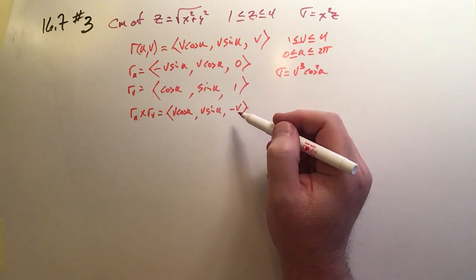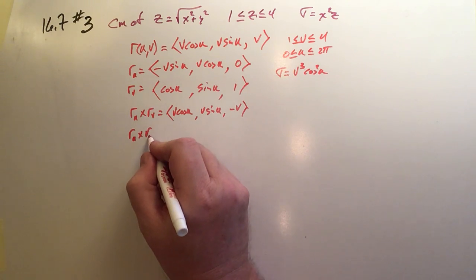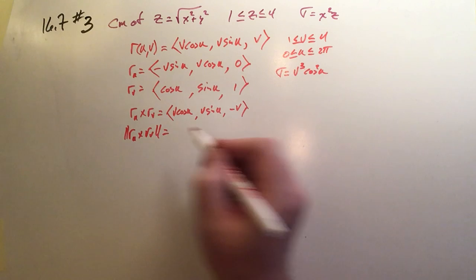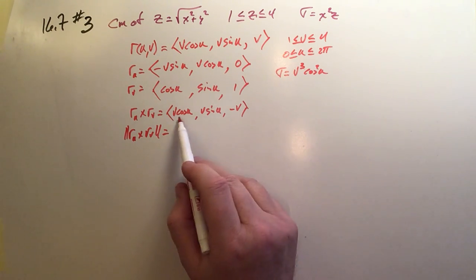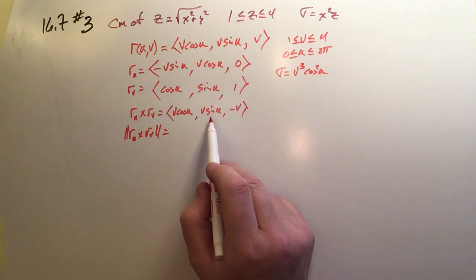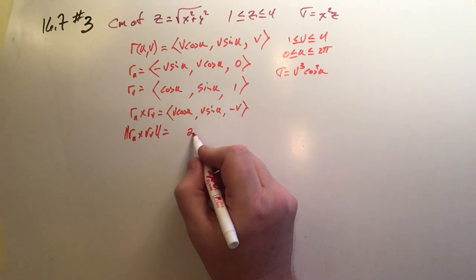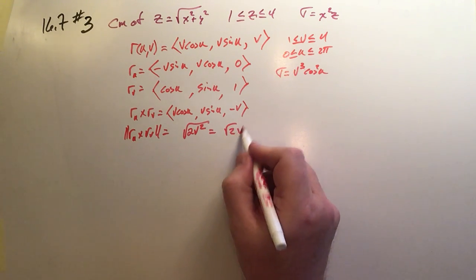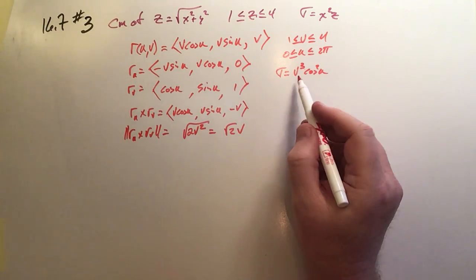And then we're going to find the magnitude of this, so ru crossed with rv, magnitude, and that's going to be, of course, v squared times cosine squared plus sine squared, which is 1, plus another v squared, so it's 2v squared, and that's all under the radical, so it's radical 2 v. So there it is. There's our argument.